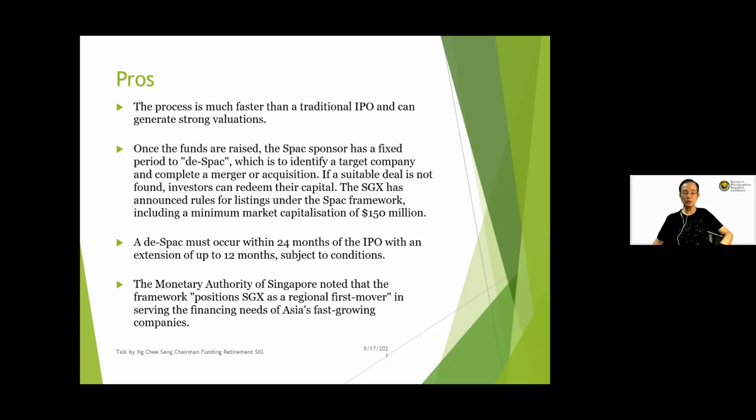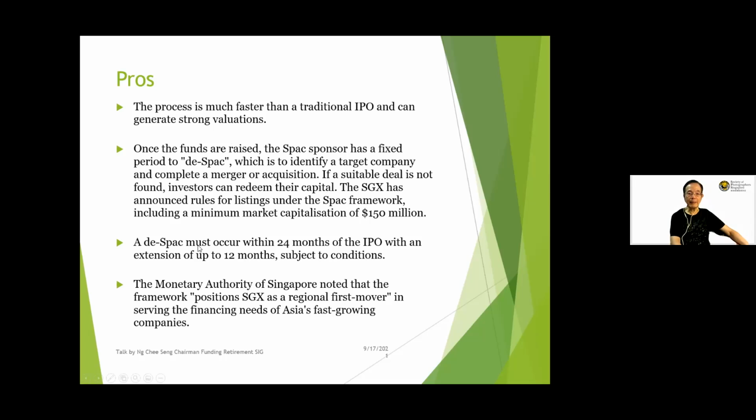You can come to the Singapore market for listing. Of course, those who wish to go the SPAC framework would like to have a much higher capitalization. As I mentioned earlier, it's not worth going for IPO if you are not raising big money, because the fees and all the trouble involved is quite huge.